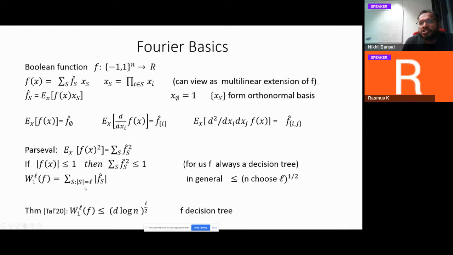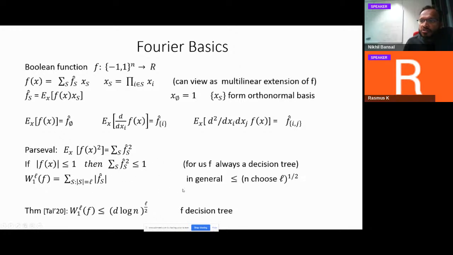And this is the notation I'm using for the L1 norm of the Fourier coefficients with weight L, for those with |S| equal to L. In general, we can always bound this number, W1L, it can never be more than n choose L to the one half, because there are n choose L monomials like this, sets of size L, and we know that the squared sum is at most 1 by Parseval.